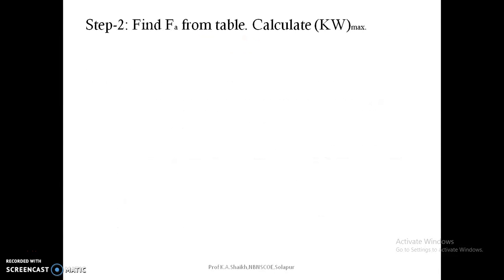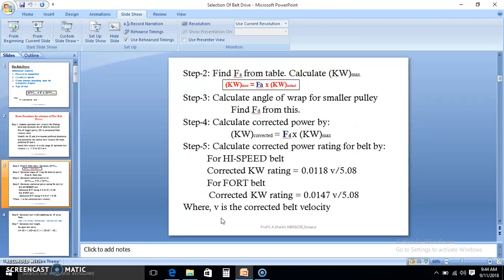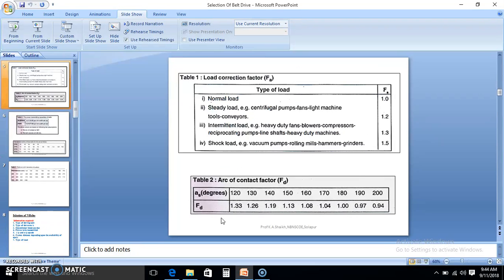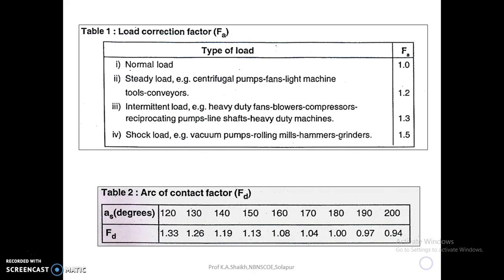After that, you have to select the value of the load correction factor, FA. This FA can be selected depending upon the type of load you are going to attach to the given belt drive. Here is the table from which you can select the value of FA. For us, a compressor is given in the problem.